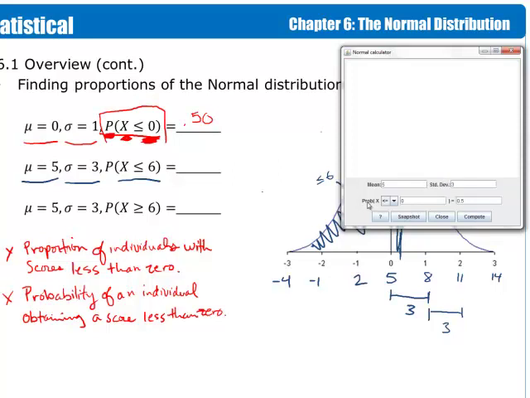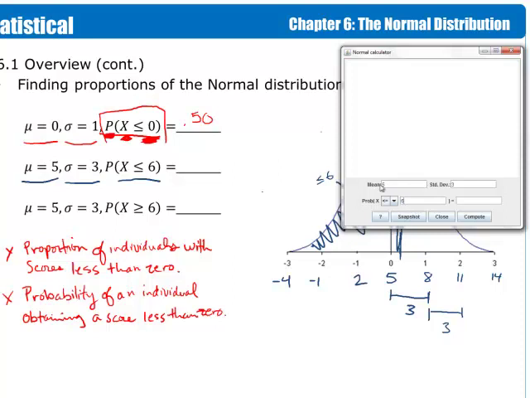Then, down here, we're looking at the direction of the arrow for the inequality sign, which is pointing to the left, or the less than or equal to, so that's what we have here. We want to find the probability of getting less than or equal to 6, or the proportion of values that are less than or equal to 6. Again, those are interchangeable. So that's the setup that we have.